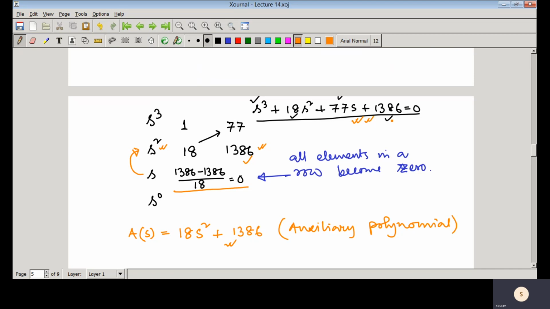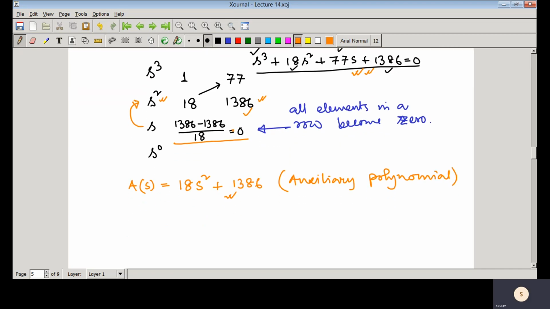So here you can see that this particular row becomes 0, then we need to go one step above and write one polynomial which is 18s square plus 1386, and it has the name auxiliary polynomial.